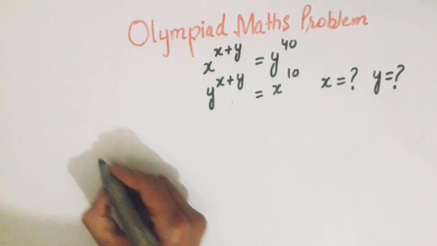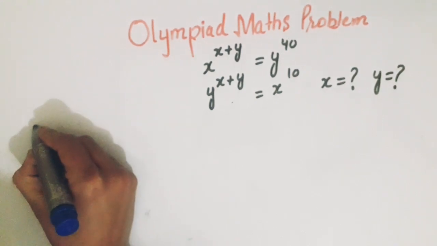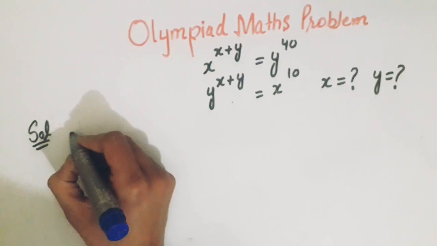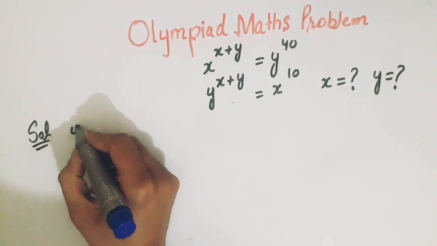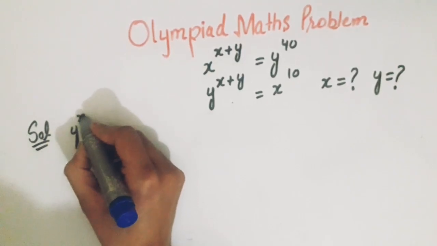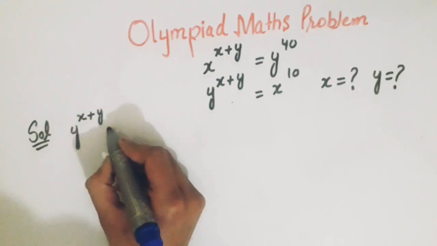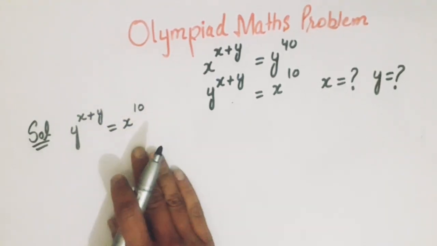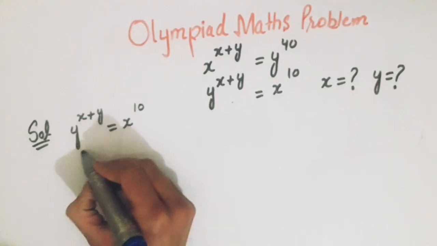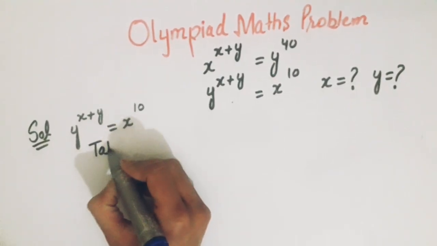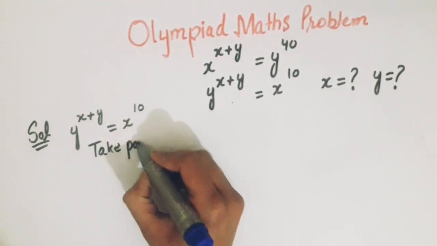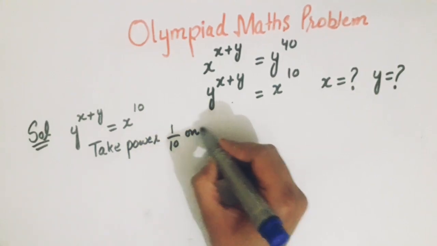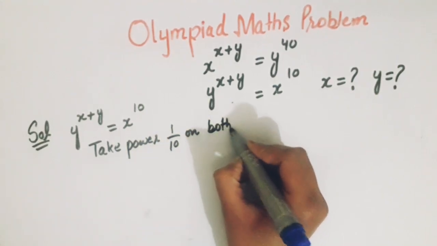So first of all, we will consider y raised to power x plus y equals x raised to power 10. You have to find the value of x. For this purpose, take power 1 by 10 on both sides.